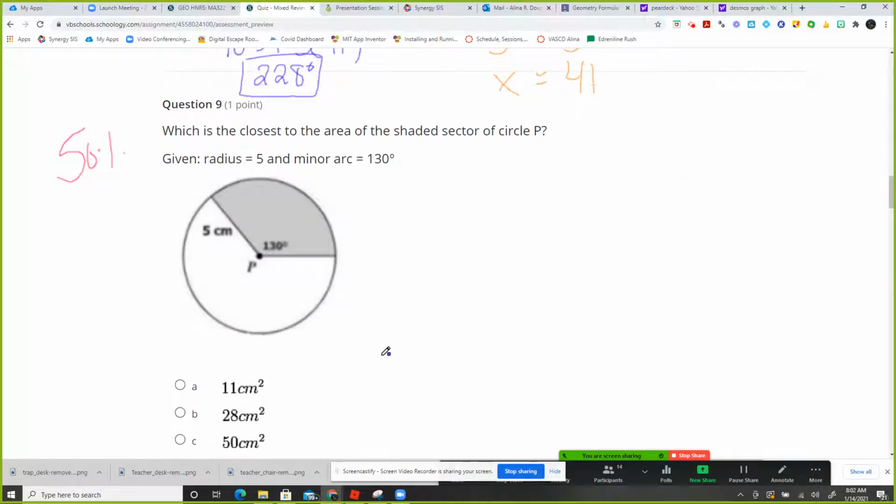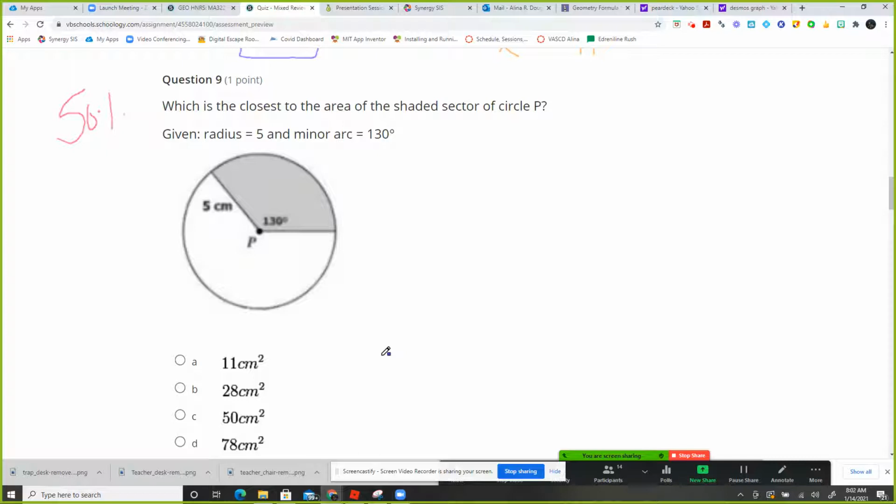All right. I was surprised this one was 50%. We're looking for the area, so we're going to use pi r squared. It's already shaded. There's nothing tricky about this. 130 divided by 360 times the area, and I know my r is 5. Just put all that in the calculator, and it's pretty straightforward.